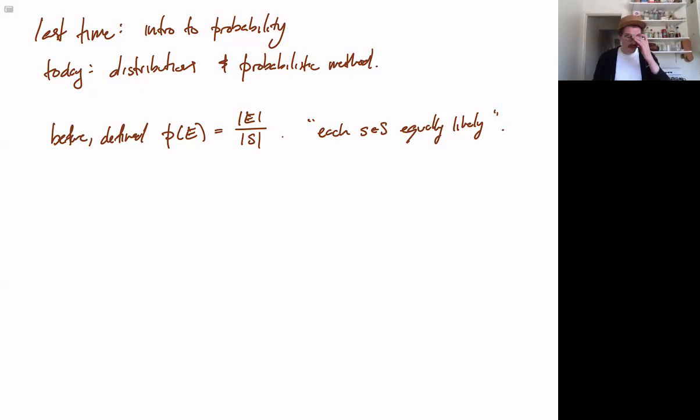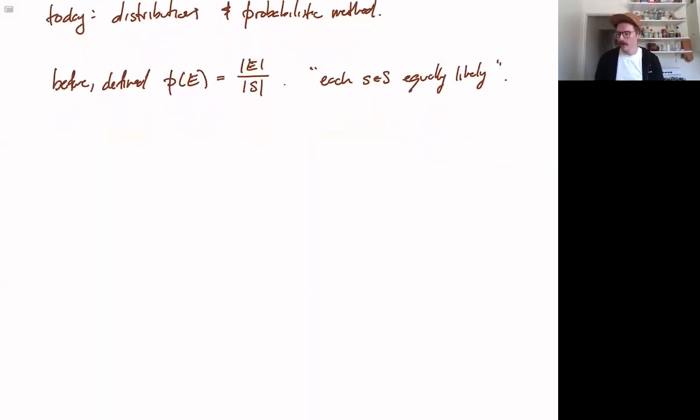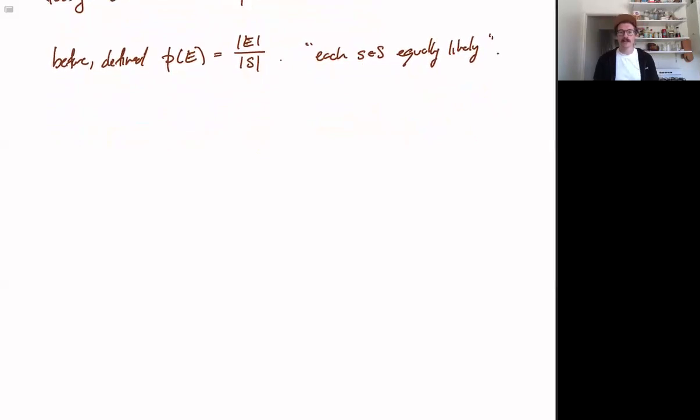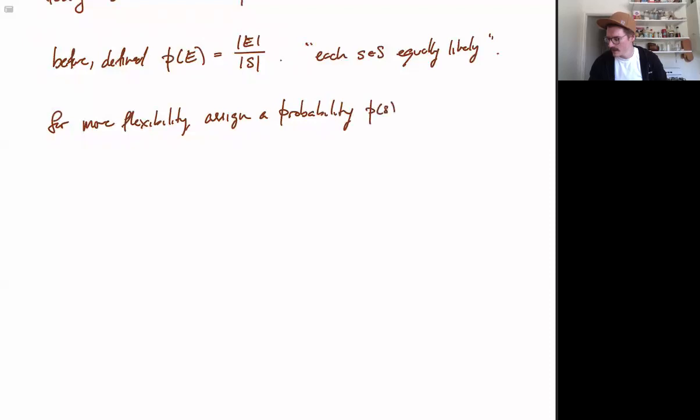So for added flexibility, we now are going to allow ourselves to assign different probabilities to different outcomes in our sample space. So we will assign a probability, which we write P of S, to each element of our sample space.